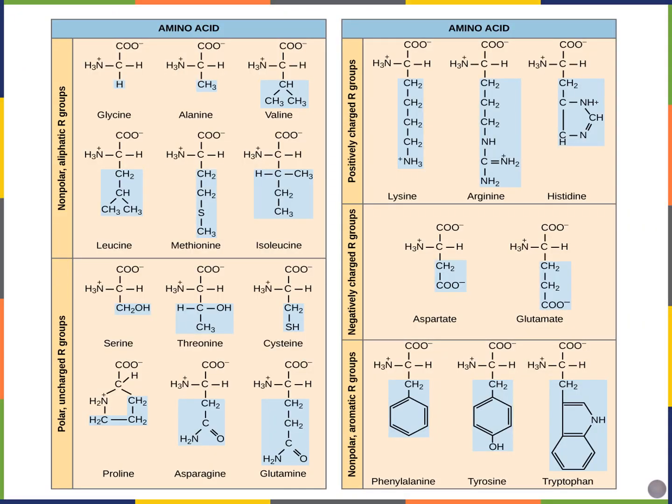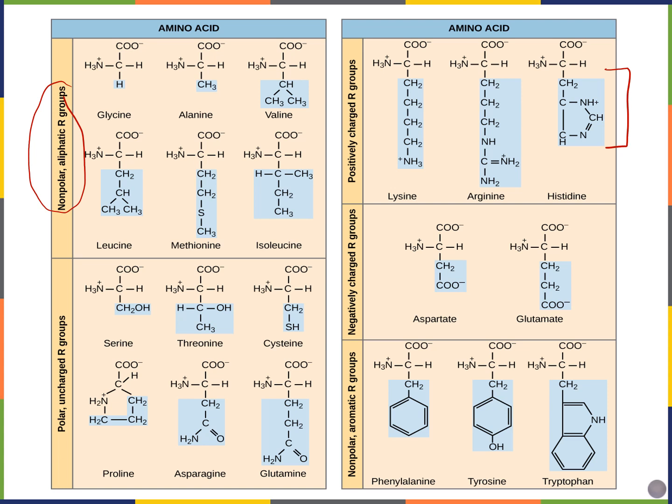Here we can see the different amino acids and how they vary by their side chain, that R group, which is highlighted in blue, as we can see throughout the whole figure. They're grouped into different categories based on the side chain's characteristics or properties. I can see these are nonpolar aliphatic R groups, aliphatic meaning that they're in chain form.